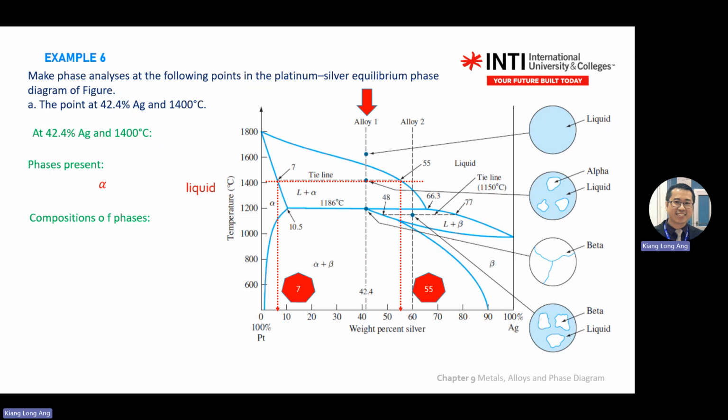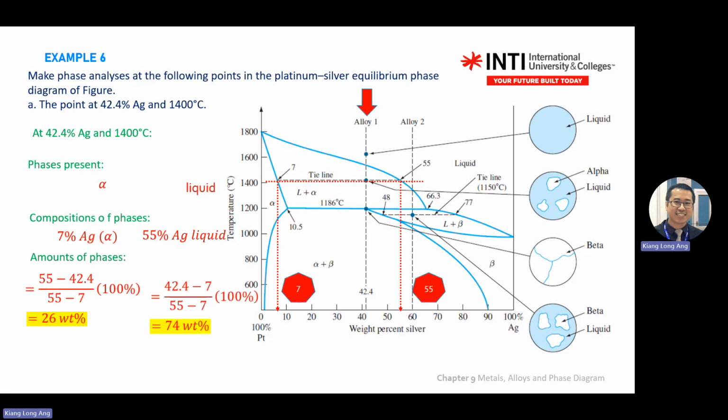Okay. So here, composition, you have 70% and 55% of liquid, right? This is composition of phases and amount of phases. They are two different things. Composition is 70% here.